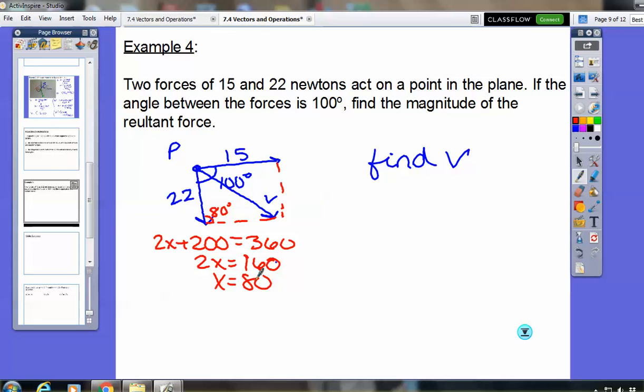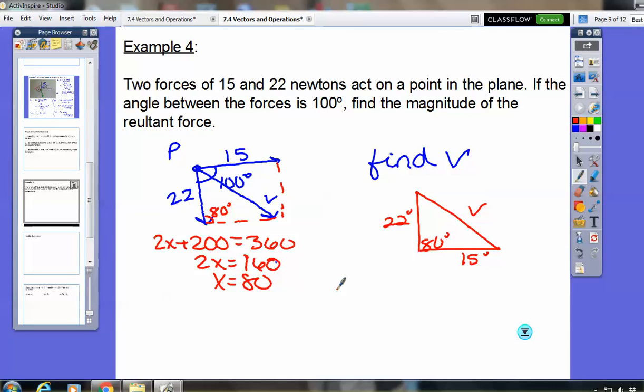Now we are trying to find the length of this, right? We have an angle and a side, because if this is 15, this would be 15. If you think about just one triangle of this, we're trying to find this side b. I know this angle is 80, this is 22, and this is 15.